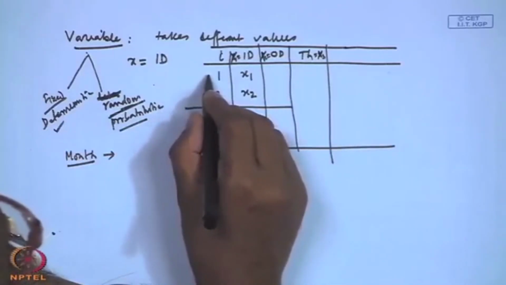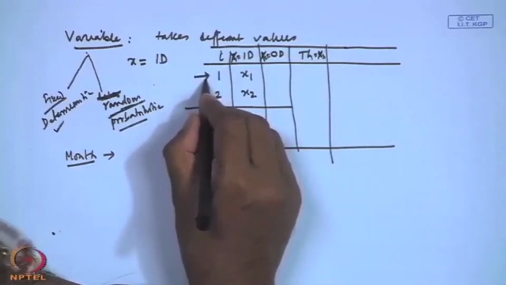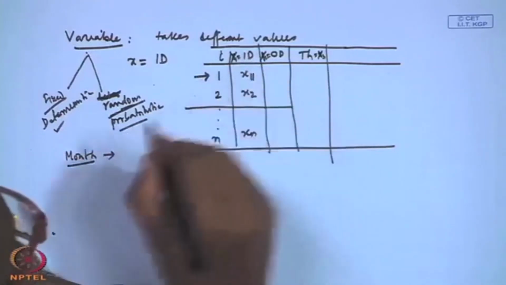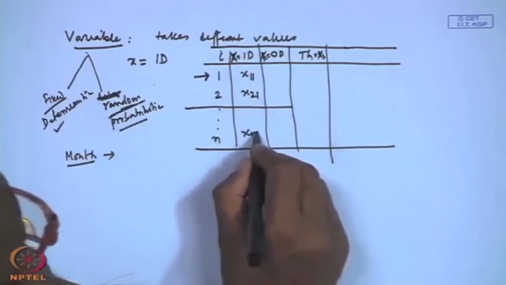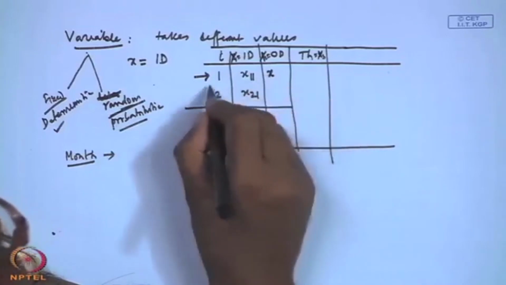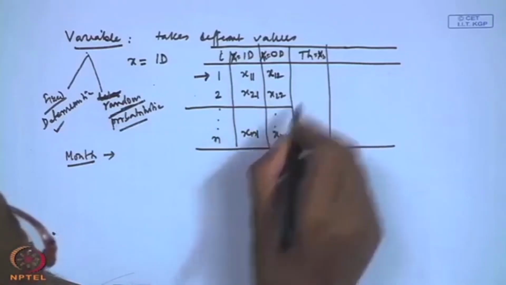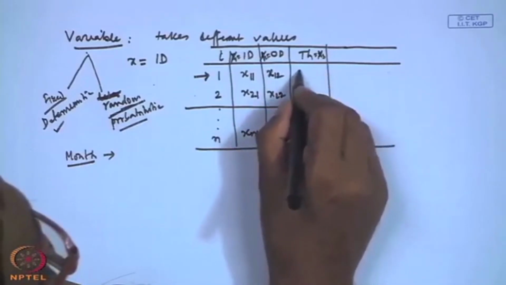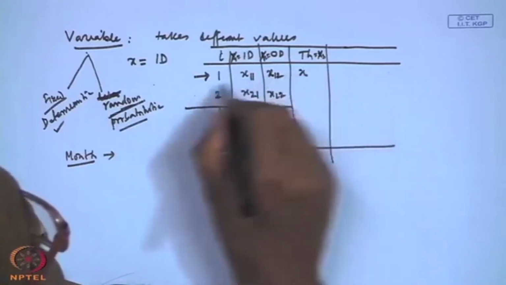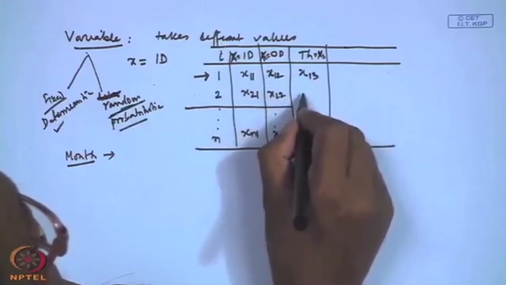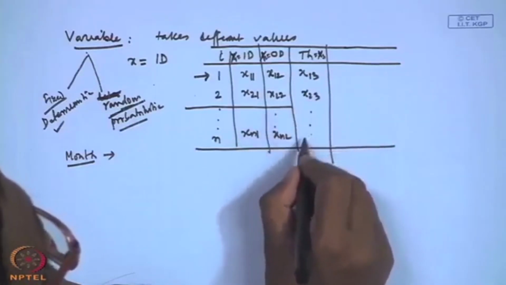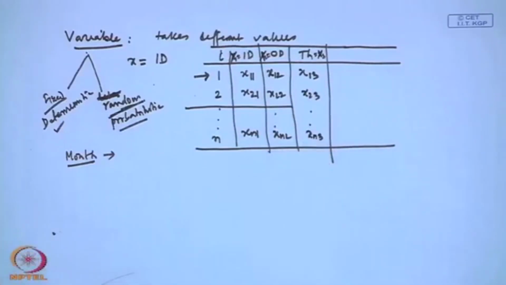Then for the first item or washer produced, this will be x11, second one x21 and xn1. Similarly, for OD x12, x22, like xn2, and for the x3 variable, for the first observation it is x13, second one x23, like this xn3.